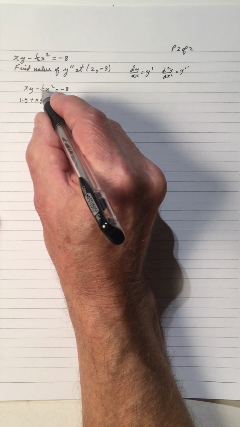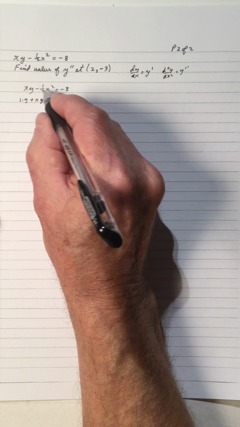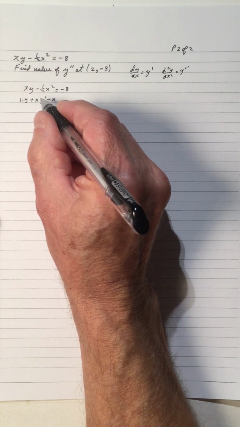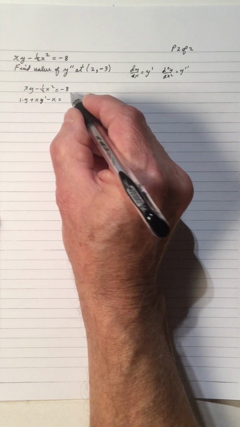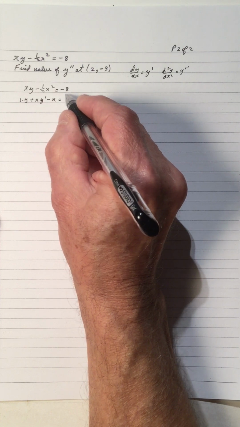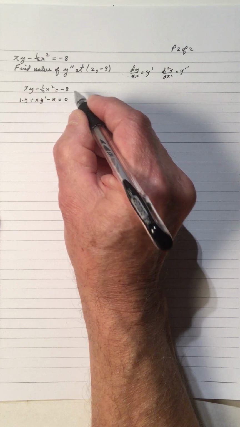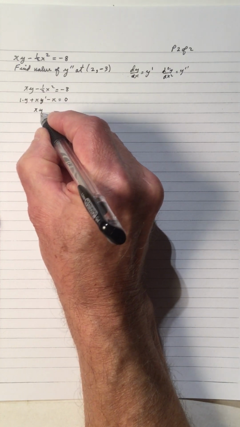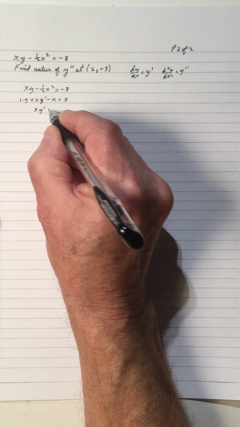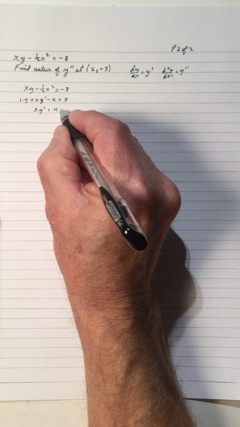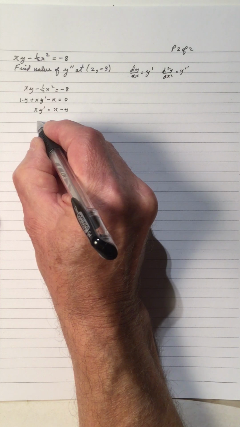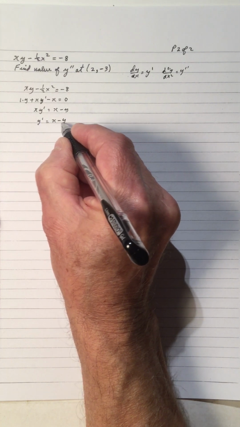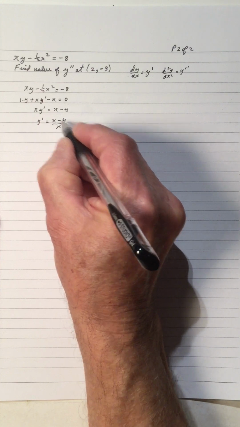And the derivative of 1/2 x squared, 1/2 times 2 is 1 x, and this is d/dx. And the derivative of -8 in terms of x is 0. So what we have here is x y prime equals x minus y. So y prime is x minus y over x.